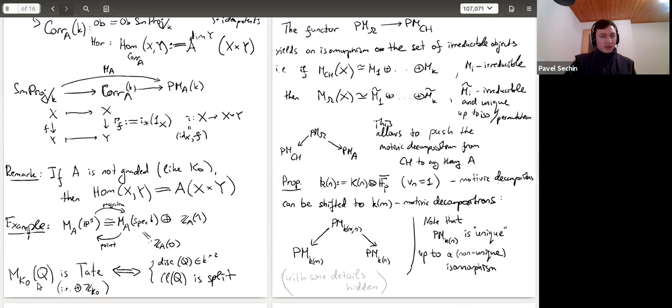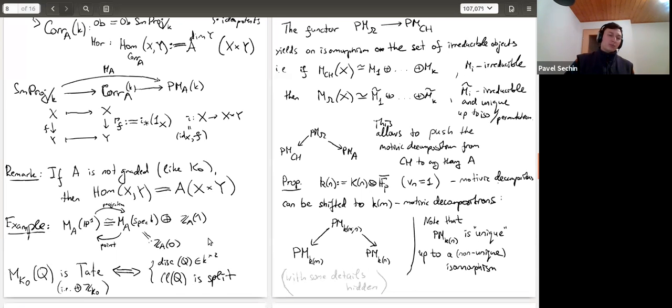Another example is that if you consider a quadric and you would like to look at its K0 motive, then it happens that it's very often a Tate motive. So it's very often a sum of this object and also the powers of this object. And it happens if and only if the discriminant of this quadric, when defined, is trivial and the Clifford algebra of this quadric is split.